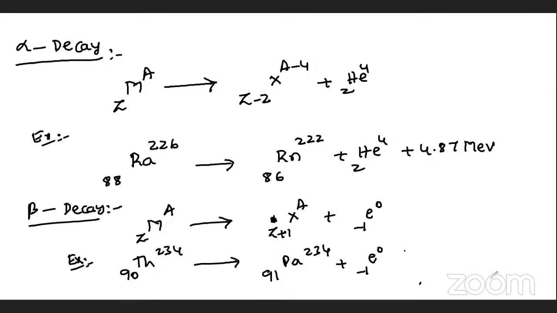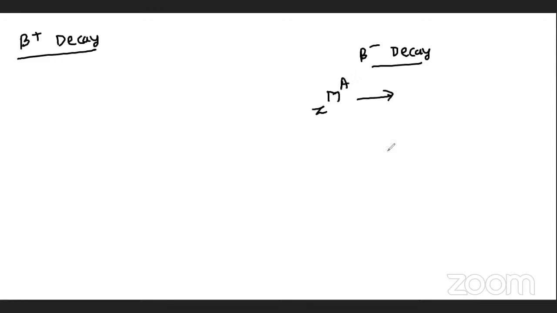Completed, sir. Next, in this beta decay, we are having two types: beta positive decay and beta negative decay. In the beta negative decay, it is the same as beta decay.